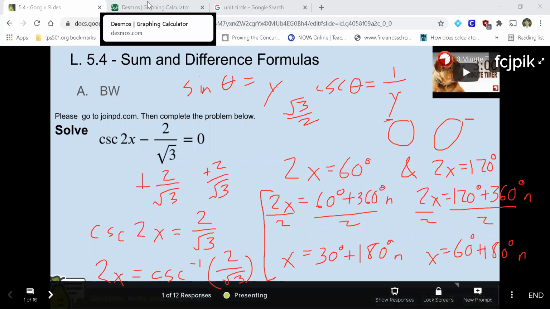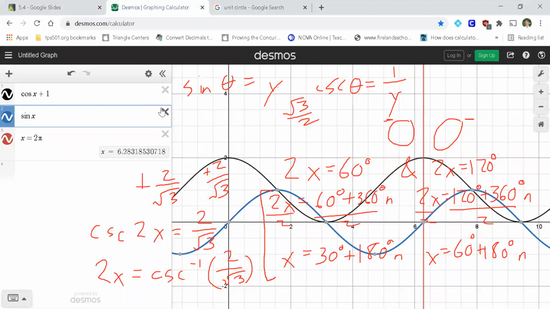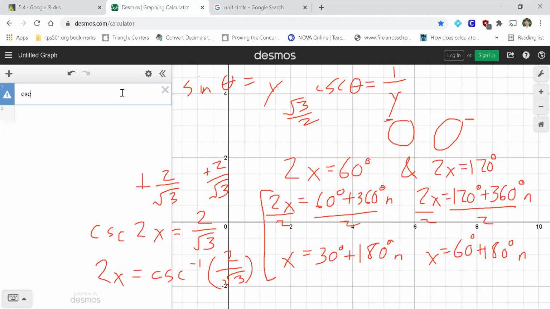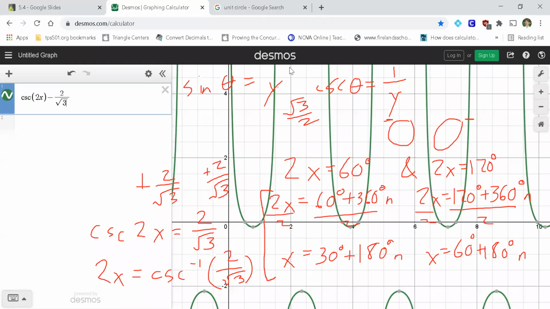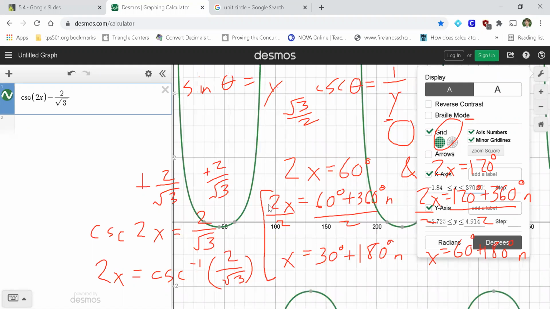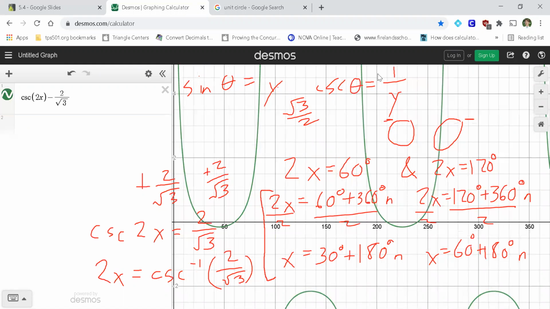Let's pull up Desmos. Type this in: cosecant of 2x minus 2 over the square root of 3. Switch this to degrees. Let's go out to 270. Okay.